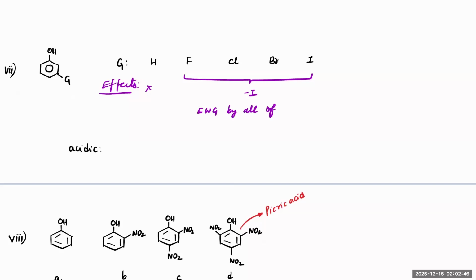And who is the strongest electron withdrawing group in this case? Fluorine, because based on minus I, fluorine always wins. So fluorine is greater than chlorine, then bromine, then iodine, and after that comes hydrogen. This should be the order.